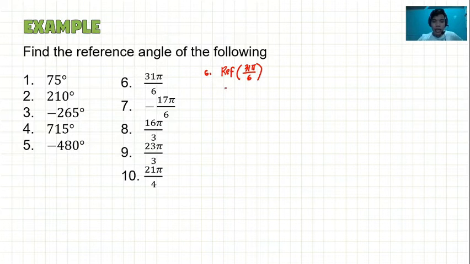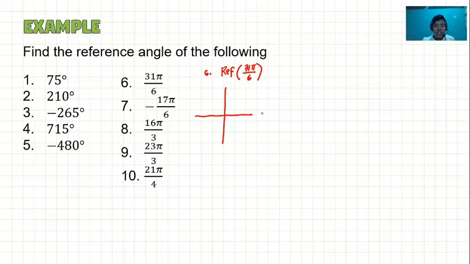So in that case, suppose this is our Cartesian plane. Now 31 pi over 6 is 31 times pi over 6. And we know that pi over 6 is 30 degrees, right? So we will just count 31 pi over 6. So 31 na pi over 6. Okay?